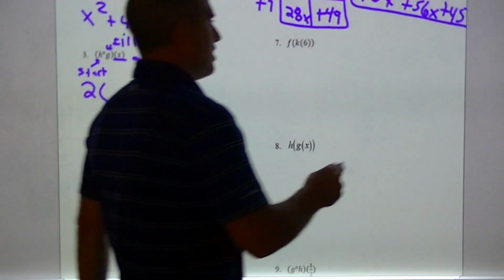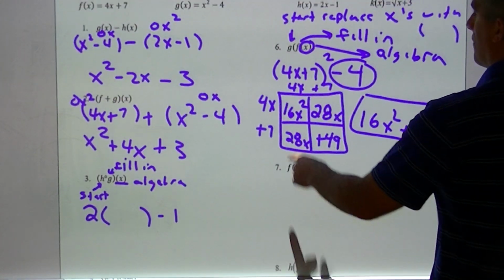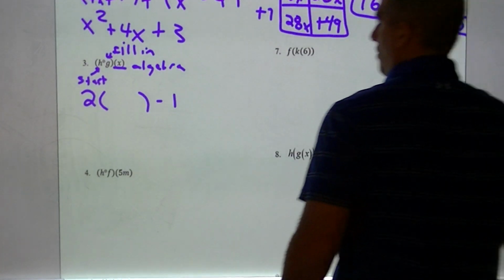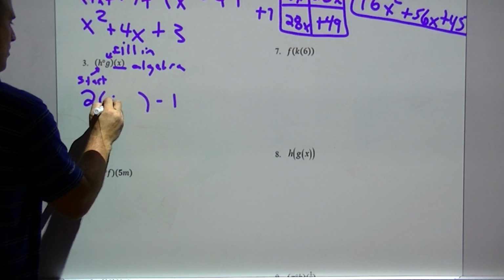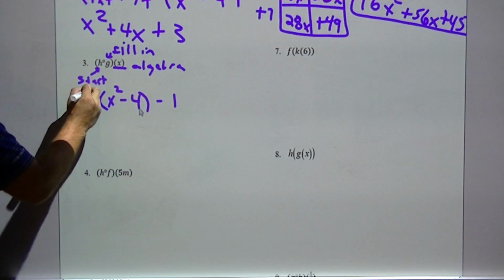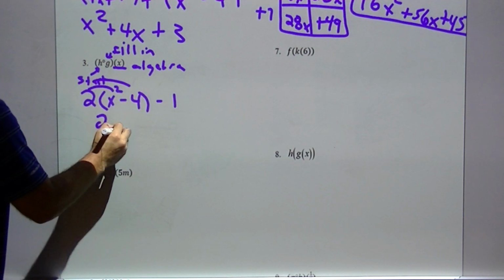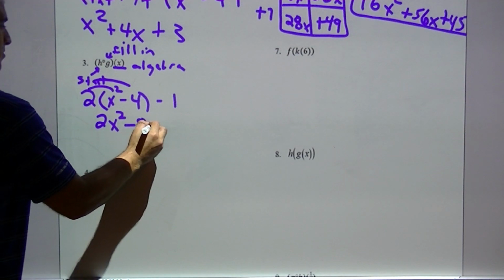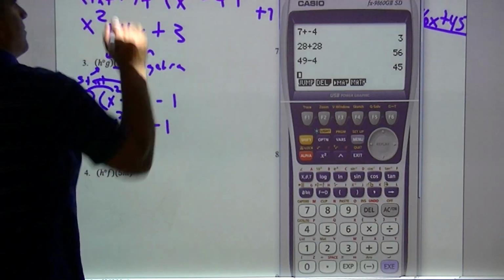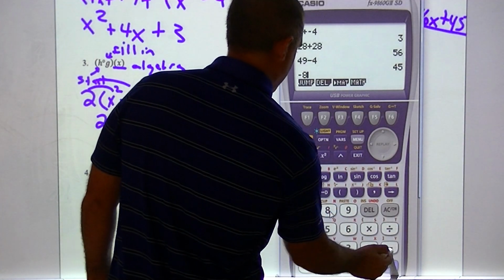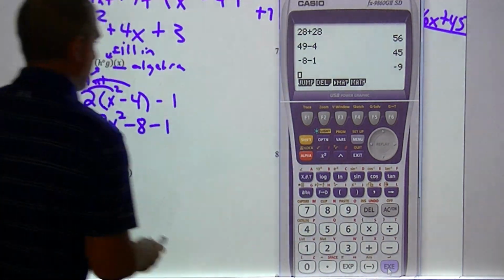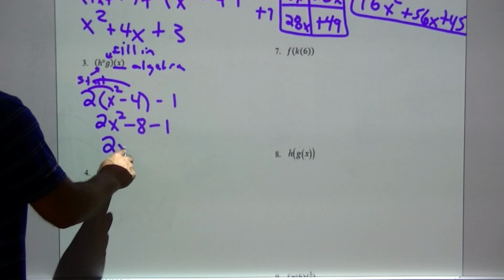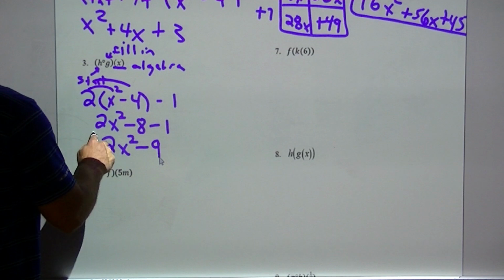I'm going to fill in g of x. G of x is x squared minus 4. Now I'm going to distribute, which would be 2x squared minus 8, with this minus 1 out here. The like terms are minus 8 and minus 1. So it's going to be 2x squared minus 9.